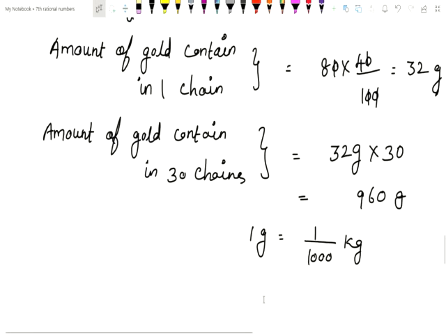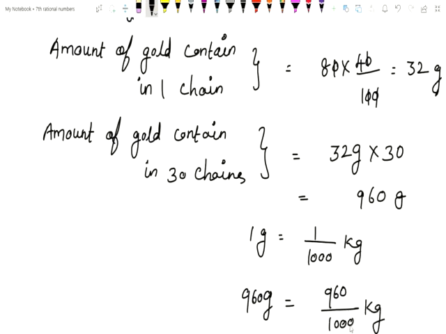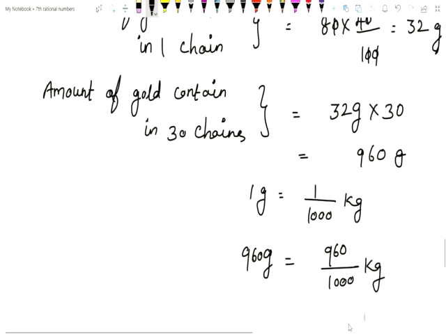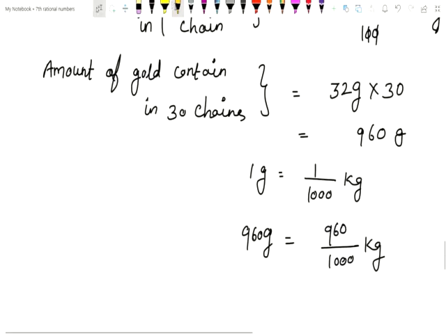So 960 gram equals 960 by 1000 kilogram. Here 3 zeros are there, so 3 decimals you want to keep. So what you will get? 0.960 kilogram.